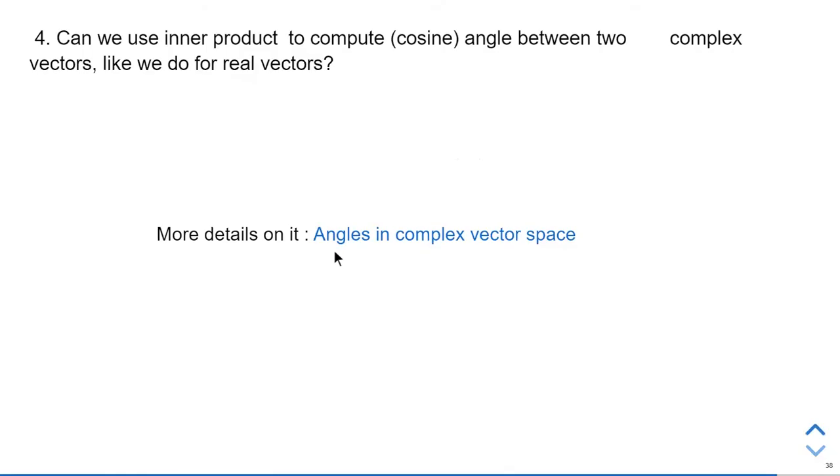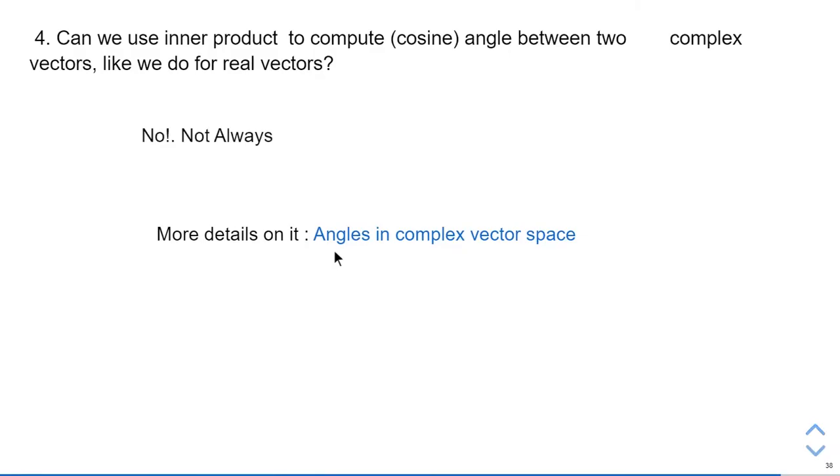If I have vector x and vector y in, for example, R2, then computing the inner product gives me the projection of x onto y, and we can obtain the angle between x and y. In the same line, can we use the inner product in the complex space to compute angles between two complex vectors?